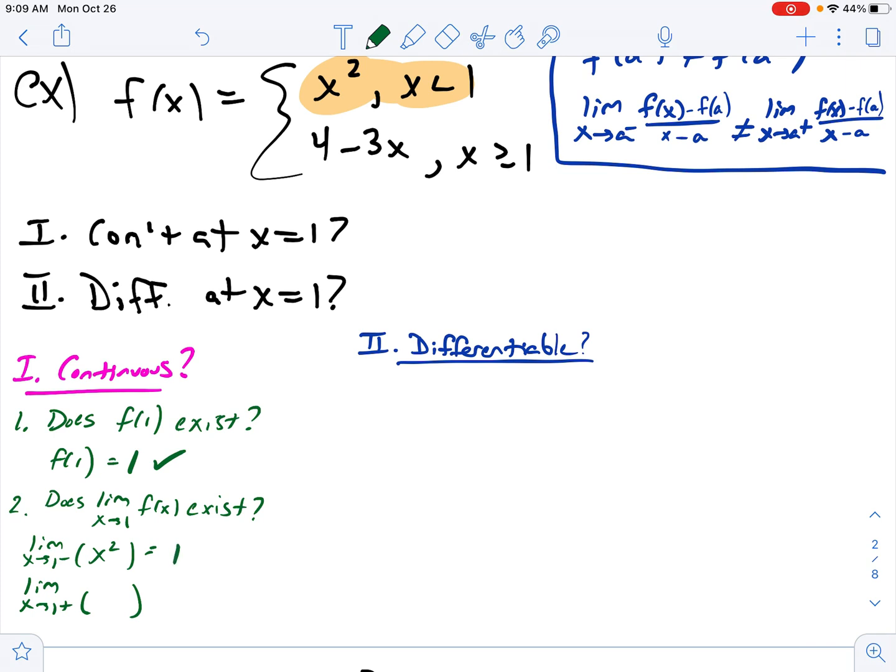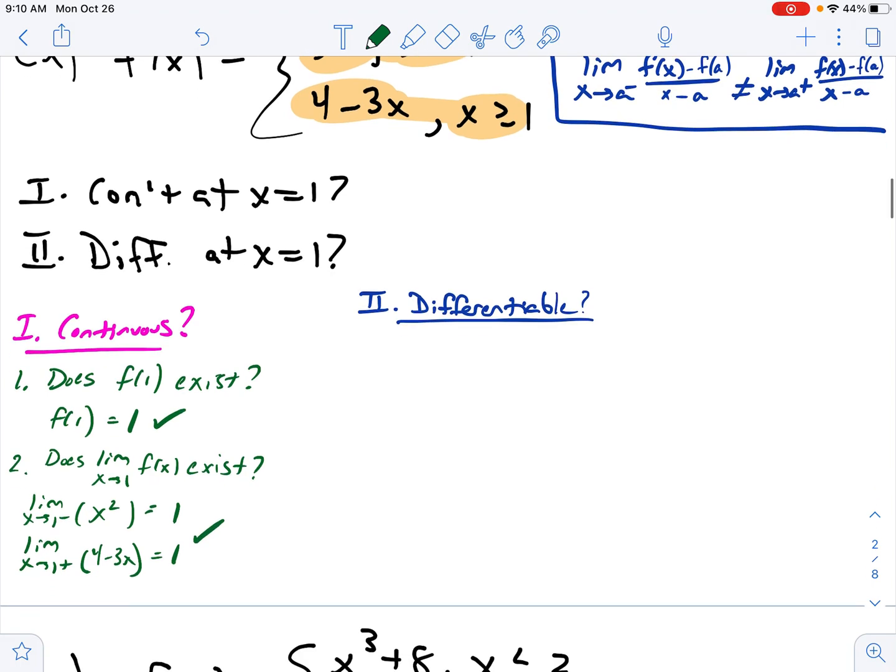If I plug 1 in and square it, I'd get 1. Coming in from the right of 1, I have x values bigger than 1. I'll use the bottom piece. If I plug 1 in for x, again, I get 1. Since the left and right-handed limits are equal, the limit as x approaches 1 in general is 1 and exists.